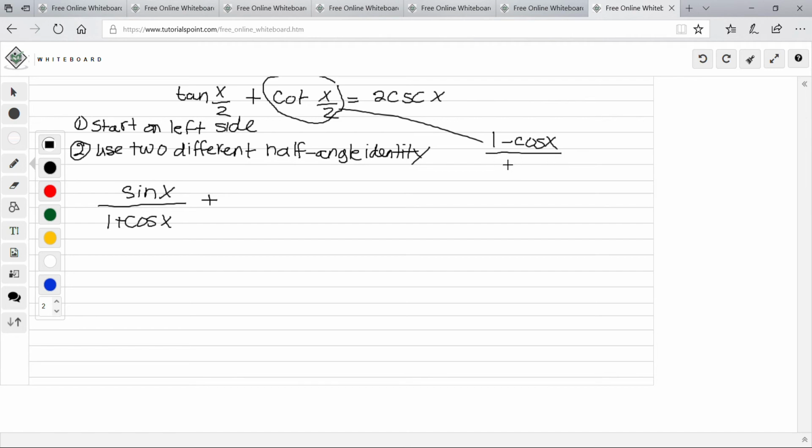Yeah, this is a tangent, not a cotangent. But notice for cotangent, all you've got to do is switch the x and y's, because cotangent is x over y. So we just have to flip it. So this will be sine x divided by 1 minus cosine x. So that's how I got this equation. So we're going to put that over here. Sine x divided by 1 minus cosine x.